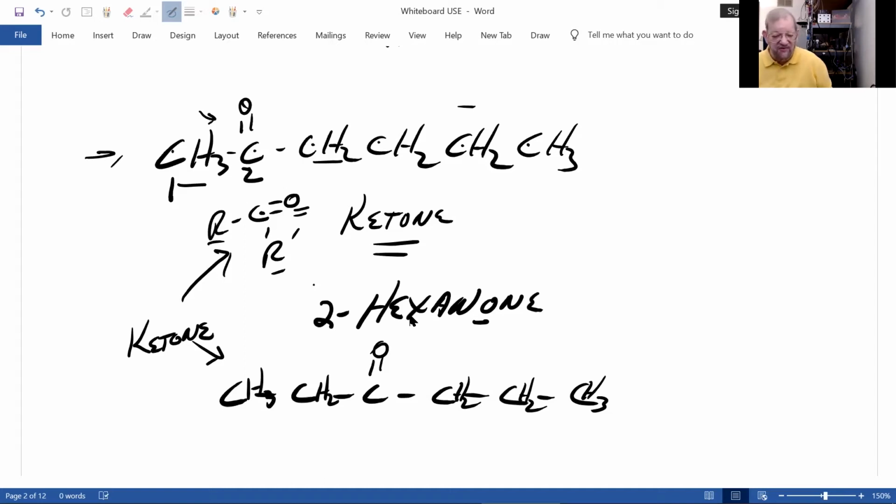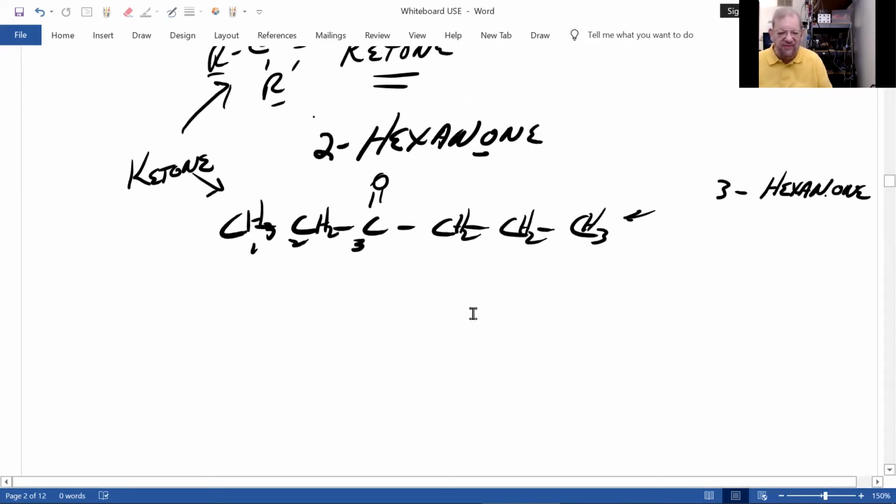Now here the longest chain also is hexane. I'll drop the E, add ONE, but now this is on carbon 3. So this would be 3-hexanone. And that's why you need to do numbers.